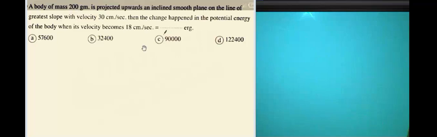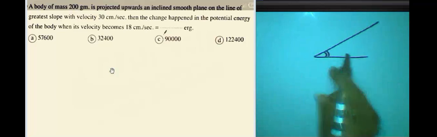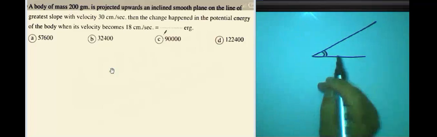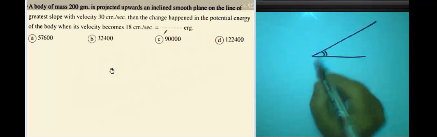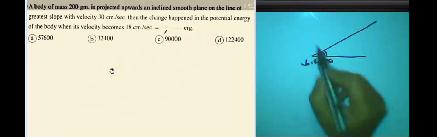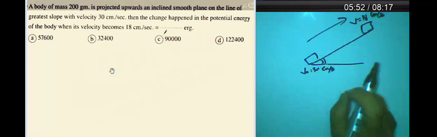Okay, here we begin with velocity 30 centimeter per second and go up to velocity 18 centimeter per second, and you want to find the change in potential energy.